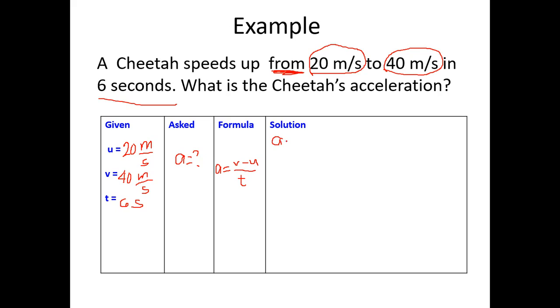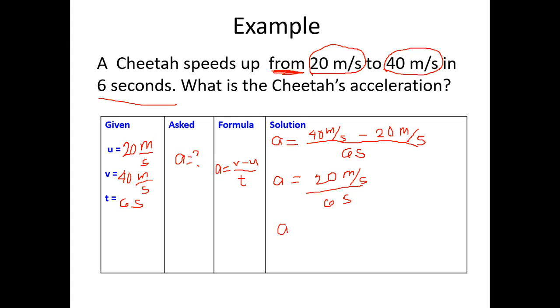So the solution will give you a is just equal to v, which is 40. So you go 40 m/s minus you'll have 20 m/s over 6 s. So when you plug this in your calculator, you will end up with 40 meters per second minus 20 meters per second is 20 meters per second over 6 seconds.